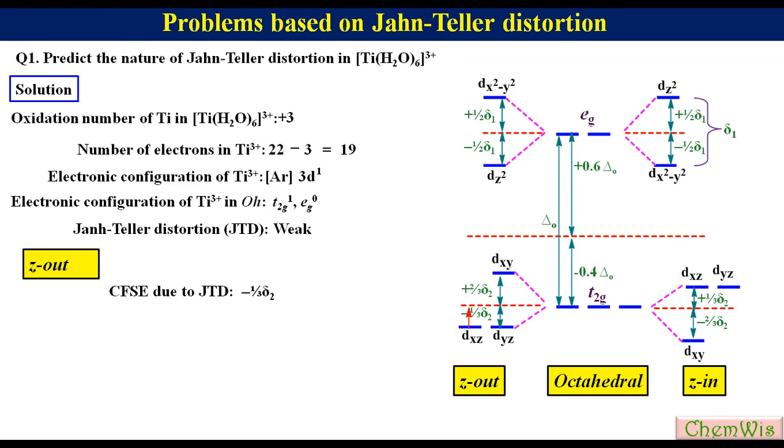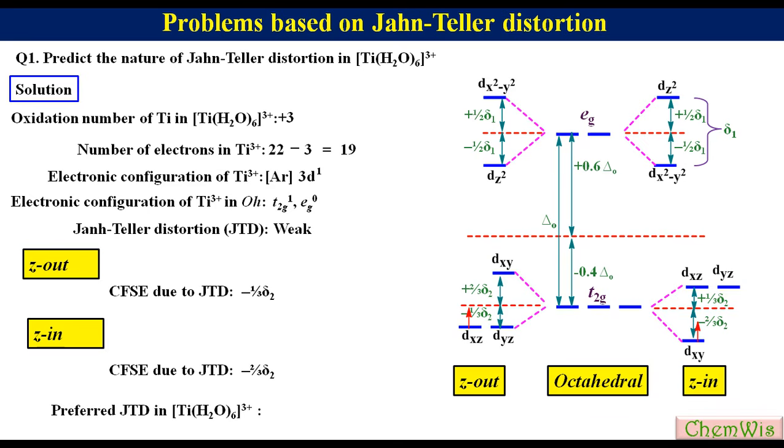If the distortion is Z-in, the d electron will be here. Under that situation, the CFSE due to Jahn-Teller distortion will be minus 2/3 delta 2. This suggests that there is more stabilization in Z-in distortion. So the preferred Jahn-Teller distortion in titanium 3+ will be Z-in.